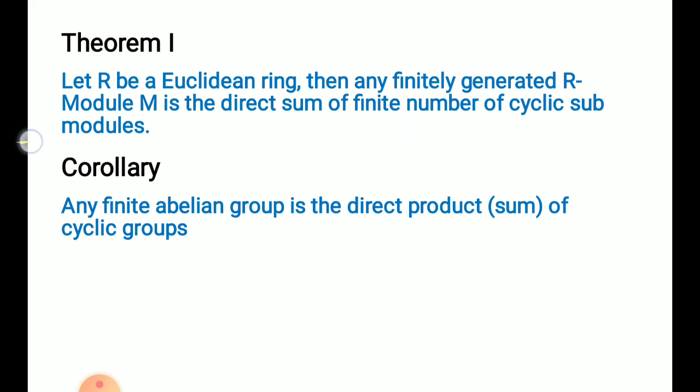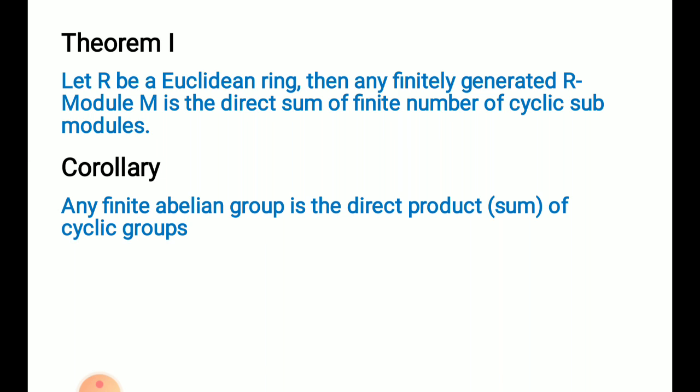I am repeating again. R is a Euclidean ring. We have studied what a Euclidean ring is in the 5th semester. Then any finitely generated R module M is the direct sum of a finite number of cyclic submodules. Which type of submodule? Cyclic submodule.